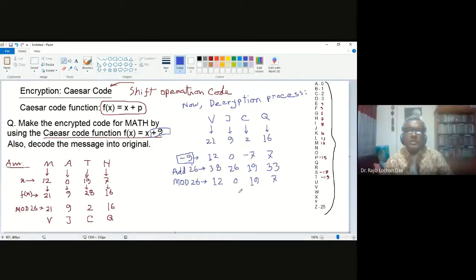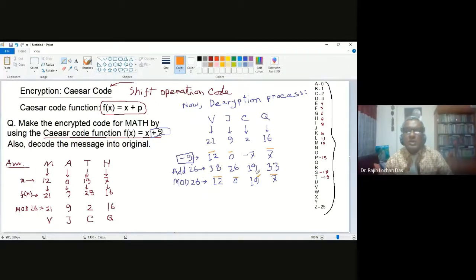So you can just check it. The negative number is now okay, and the other positive numbers like 12, 0 and 7 are coming back again.